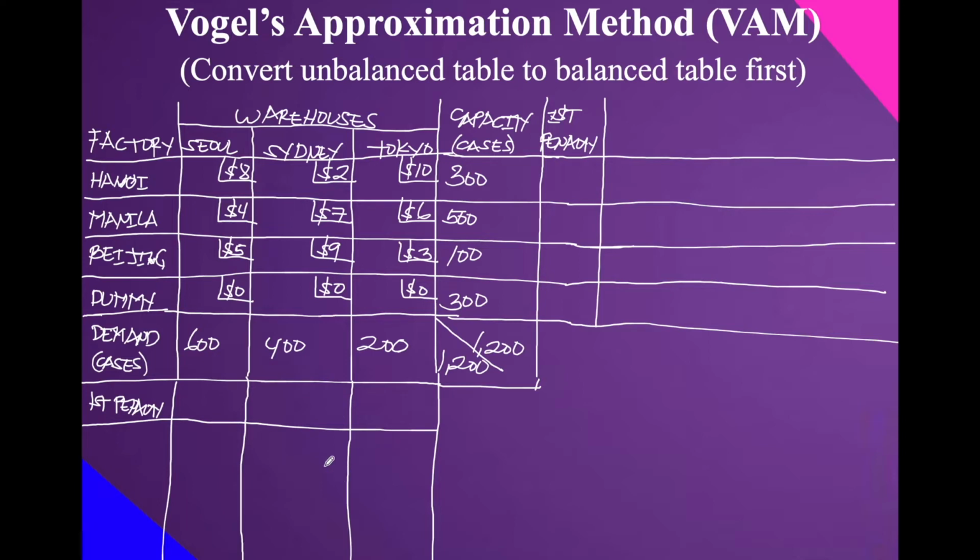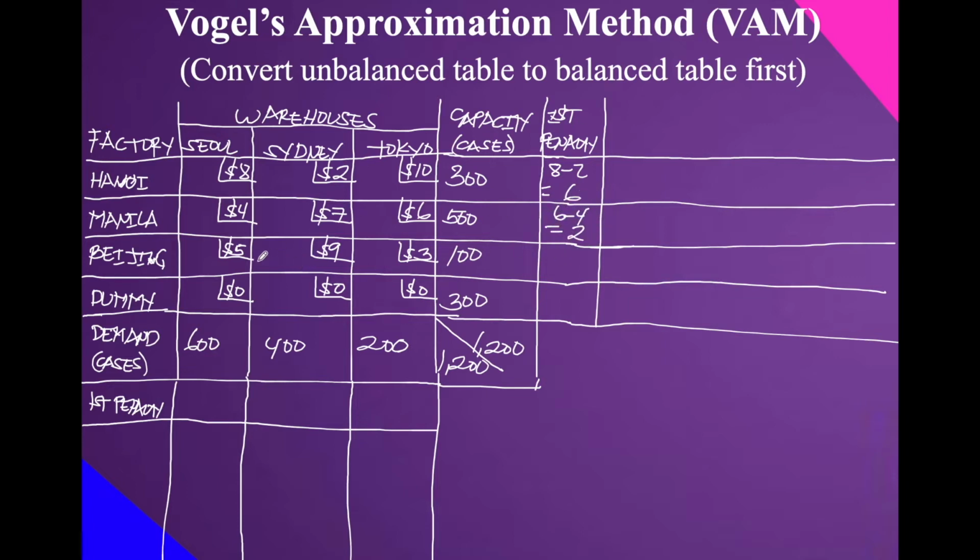Okay. So for the first penalty, our tool to find the penalty is to find the two smallest costs. In our case, for this row, the two smallest costs are 8 and 2. Therefore, we have 8 minus 2 on this cell, which equals 6. Same with Manila. The two lowest costs among 7, 6 and 4 are 6 and 4. So 6 minus 4 is 2.